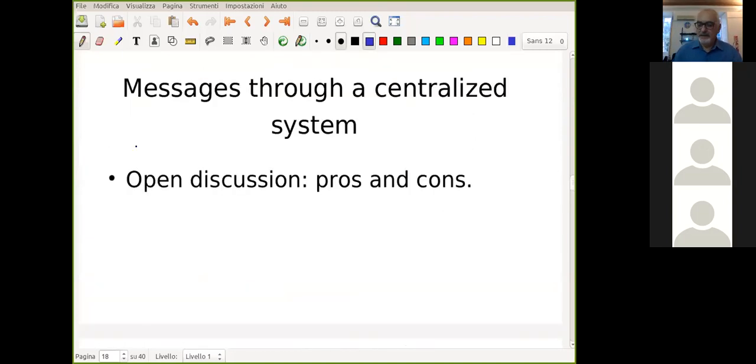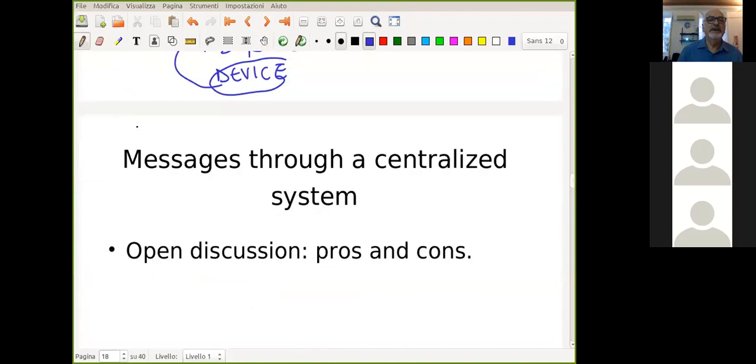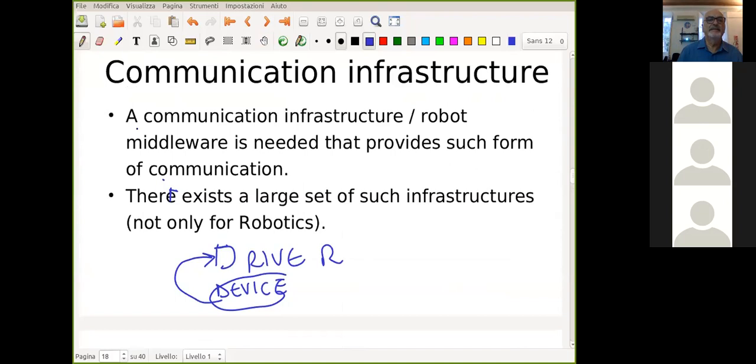Here the topic is communication infrastructure. To implement the several policies for communication, push, blackboard, publish, subscribe, and so on, we need some infrastructure. So the operating system or the software you are using needs to support this.